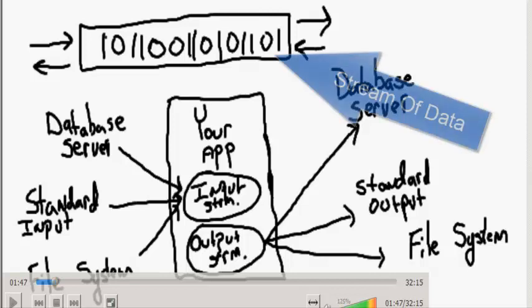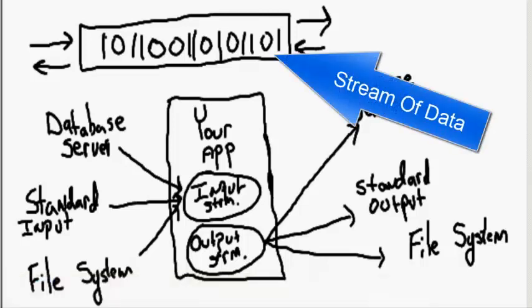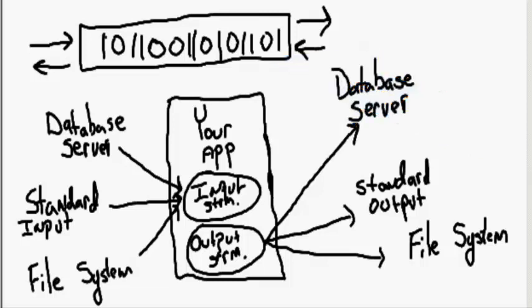If we look at this stream, we should understand that streams are like bits, ones and zeros. We may have data from a database server, standard input, or the file system, and your app will have the input stream, and an output stream to output our program's data to the database server, a standard output device, the file system or whatever.